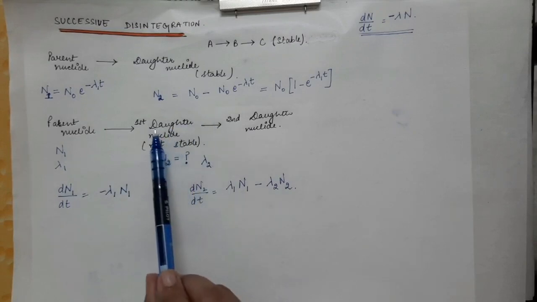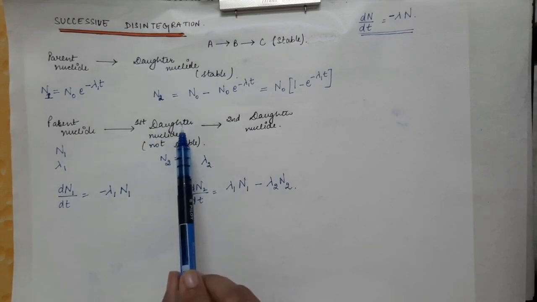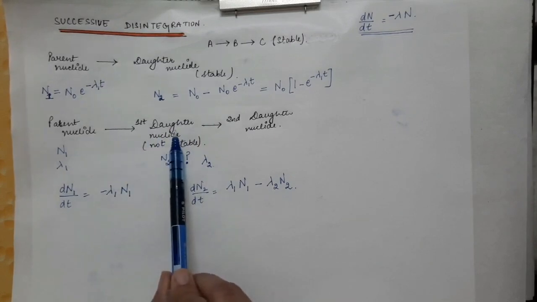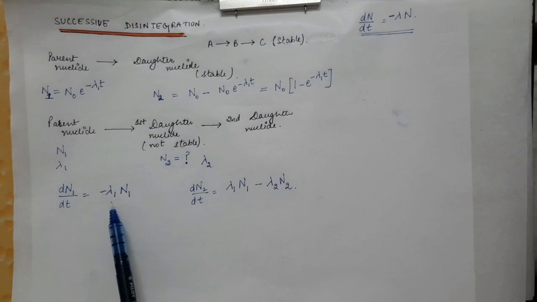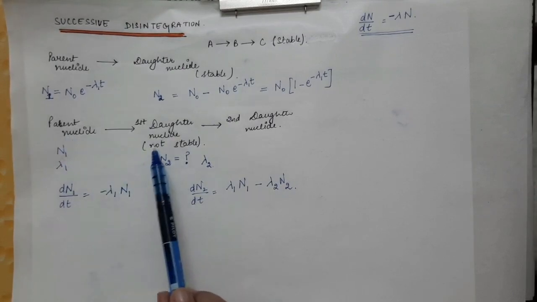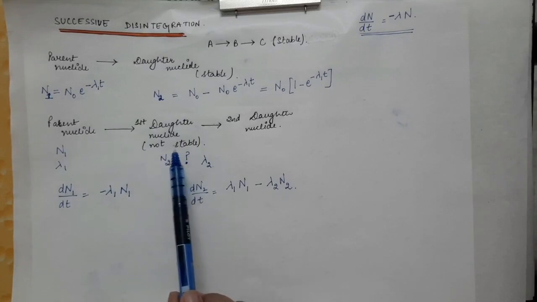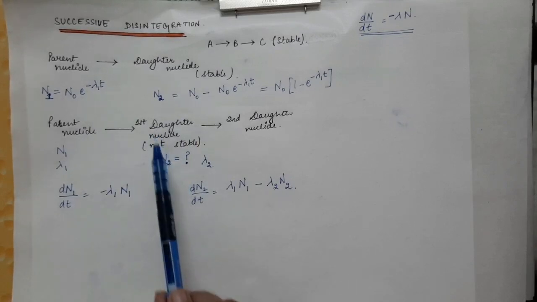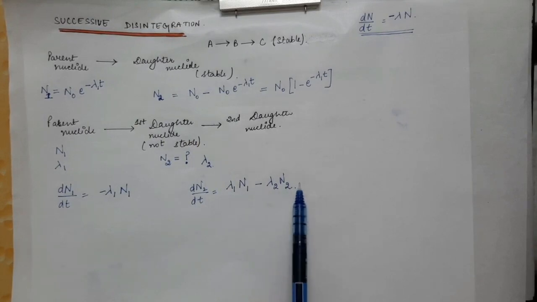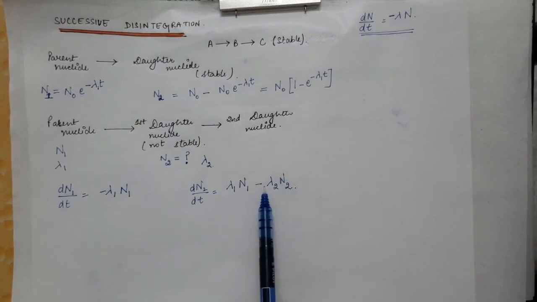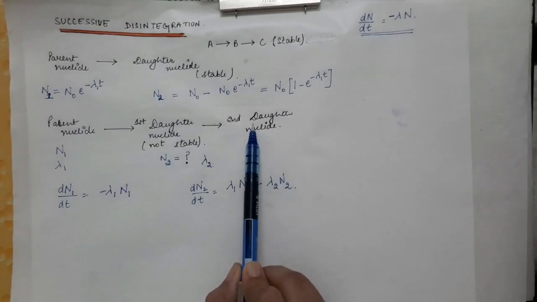So the rate at which the daughter nuclides will be formed due to this first decay process will be the opposite of this. This is minus lambda 1 N1, and minus is because parent nuclei are decreasing, but daughter nuclei are increasing due to this first decay process. Therefore we have plus lambda 1 into N1, and this other factor was due to the further decay of this daughter nuclei.